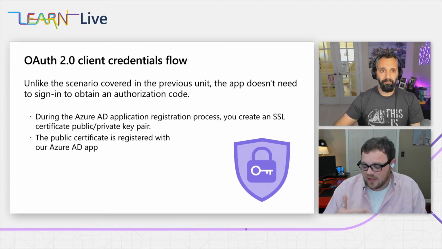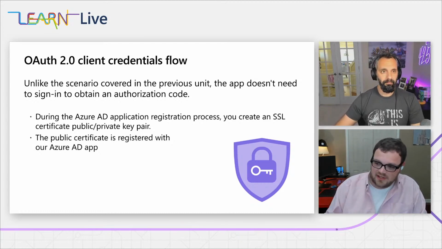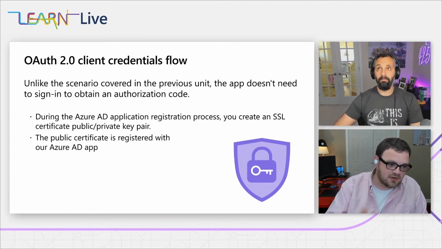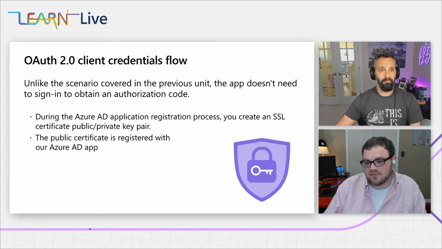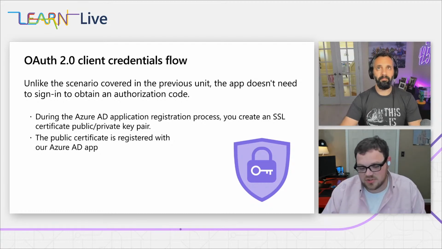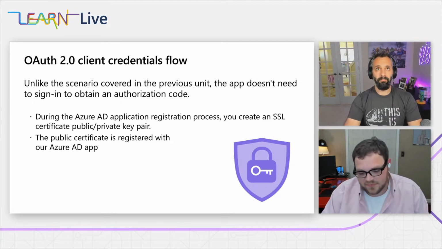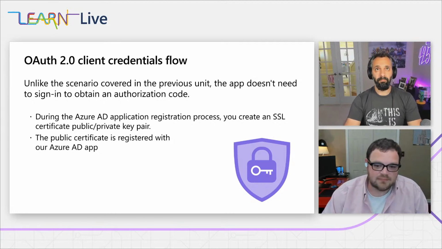That way, the private key that we use to sign it never leaves our machine. It'll never leave our compute, our server, our Azure, whatever. You just send this signed assertion over the wire in the API call, and then Azure AD uses that to verify that the caller is who the caller says they are.